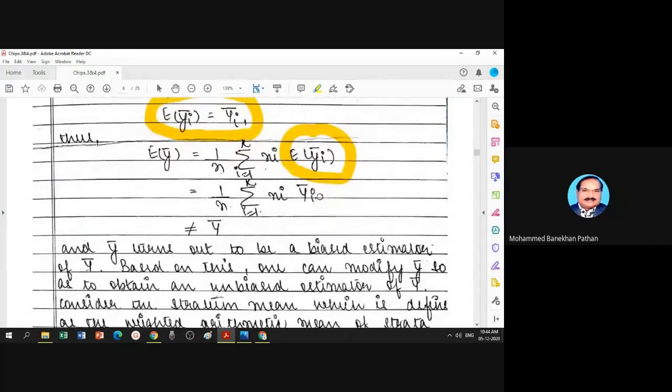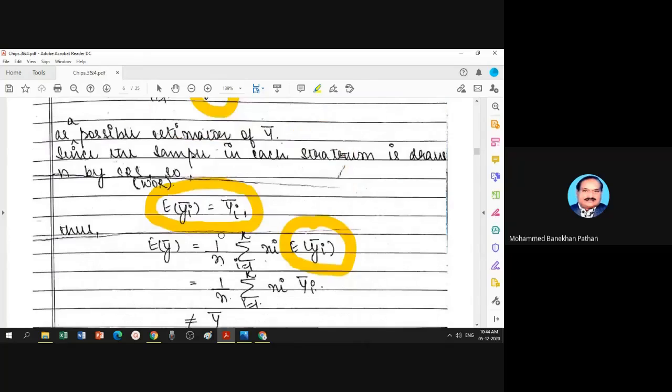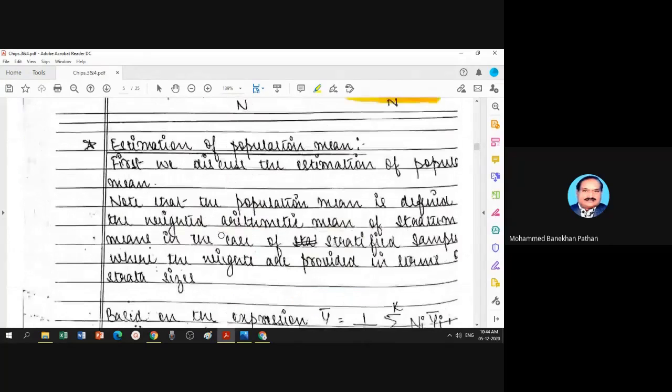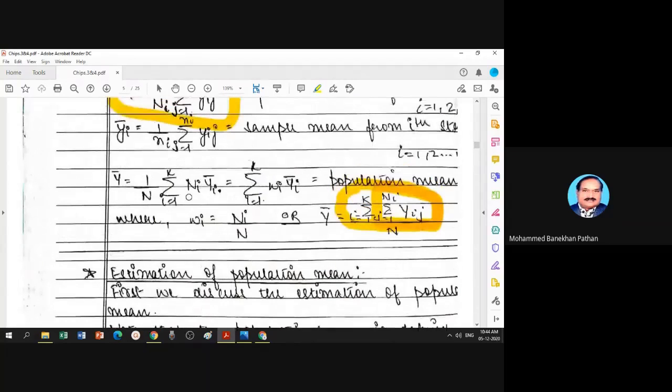Now if you look, this is not giving the answer as capital Y bar, because the capital Y bar formula is summation i=1 to k Ni y bar i dot by capital N. This is your population mean, or you can take it as the population mean. Both are true.